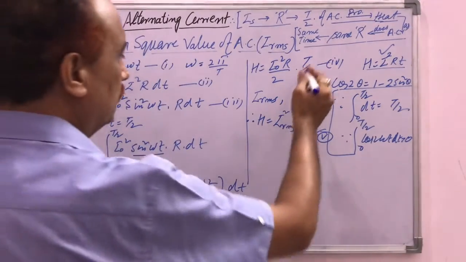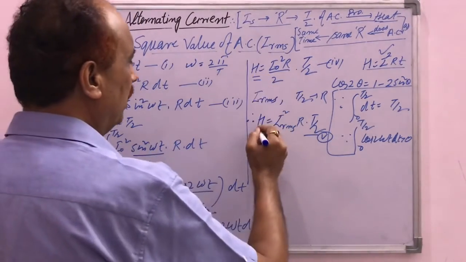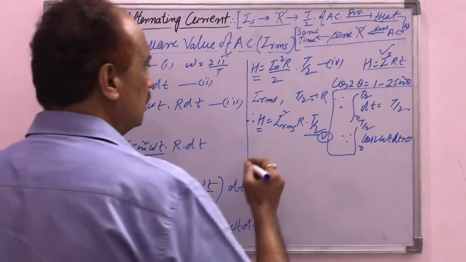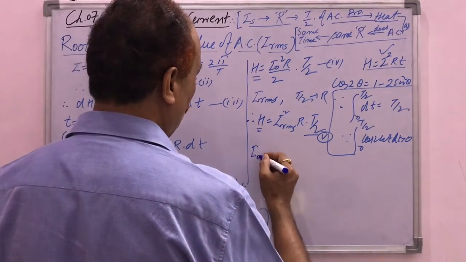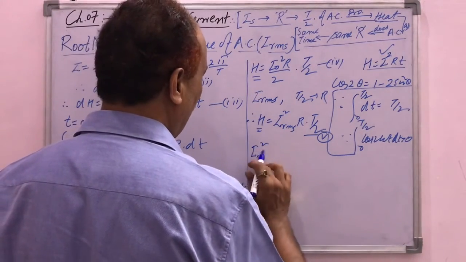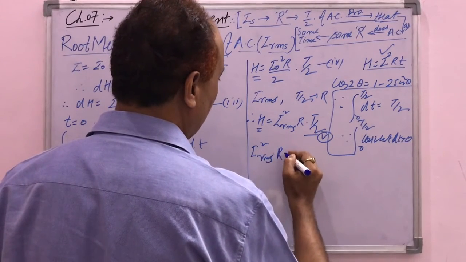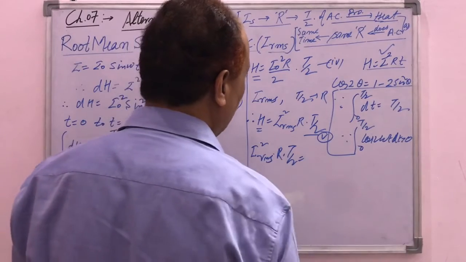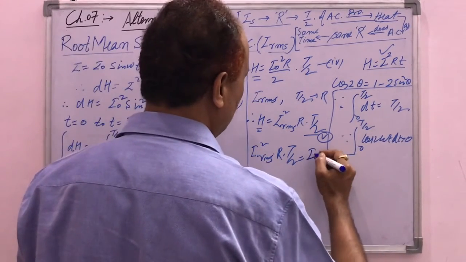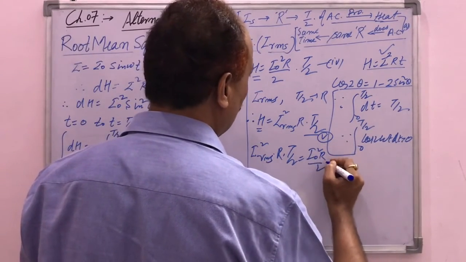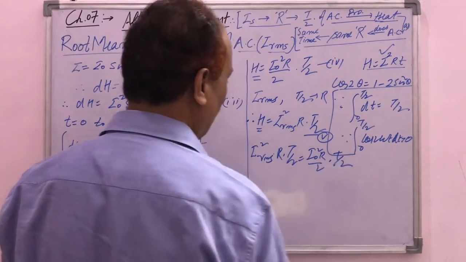From equations number 4 and 5, both H will be equal to each other. So we get I RMS square into R into T by 2 equal to I naught square R by 2 into T by 2.